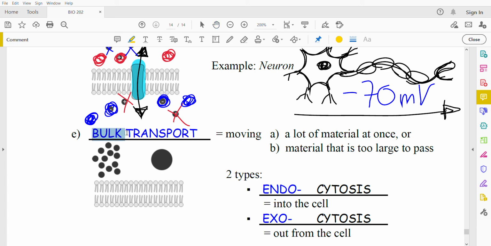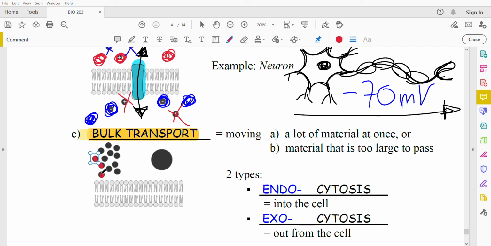And the last example of active transportation that we're going to see is going to be bulk transport. What happens in bulk transport is that we either have a large amount of material, more than just a couple of pieces of substance.